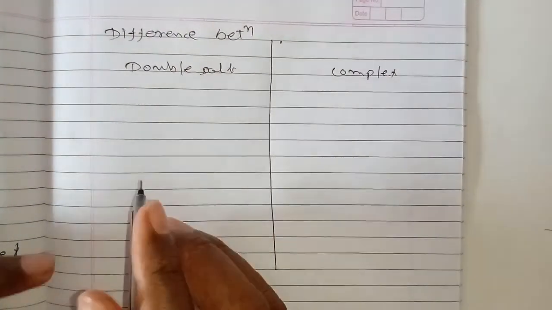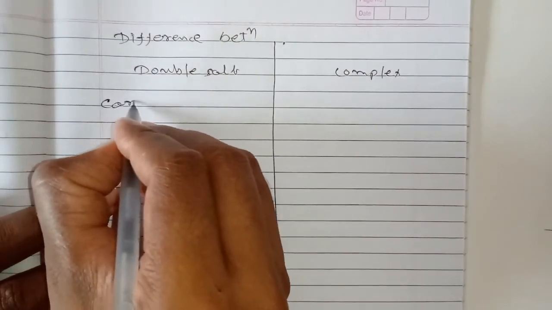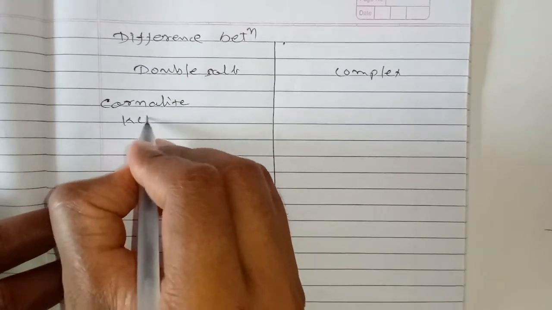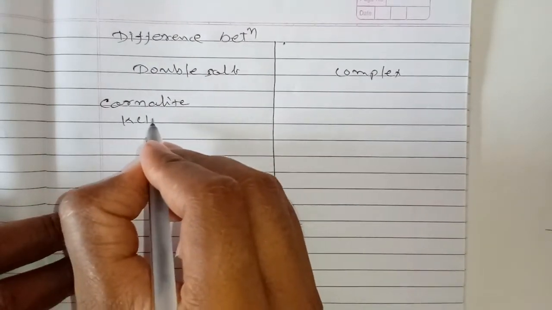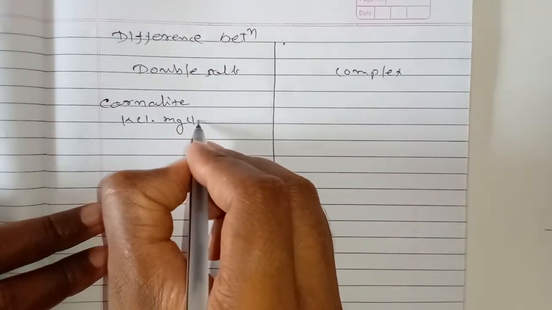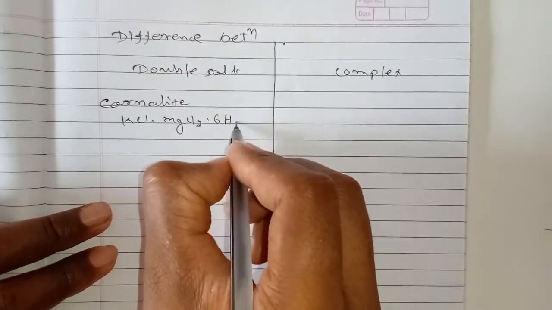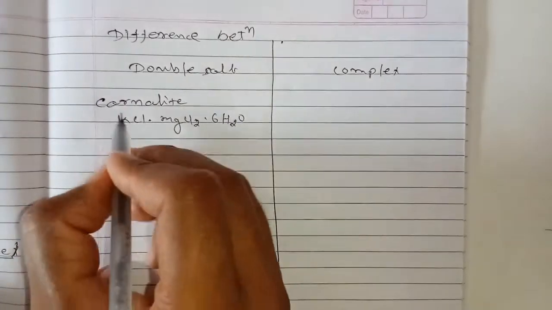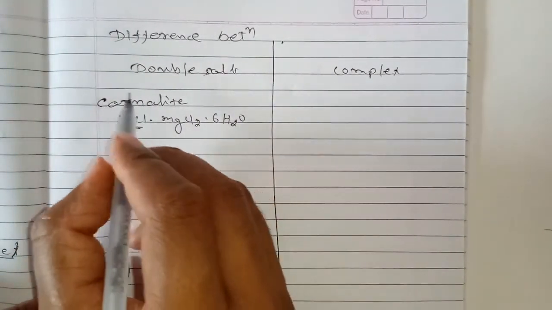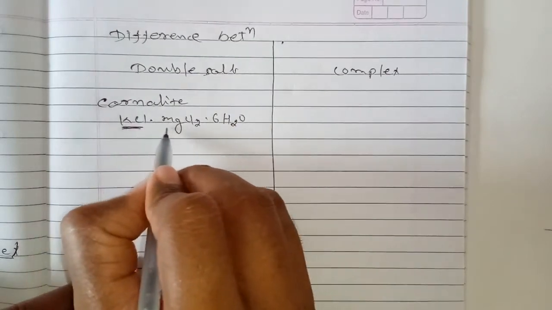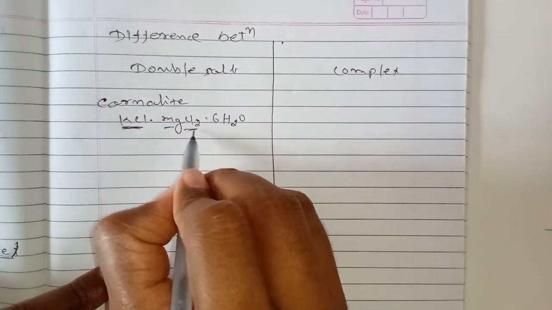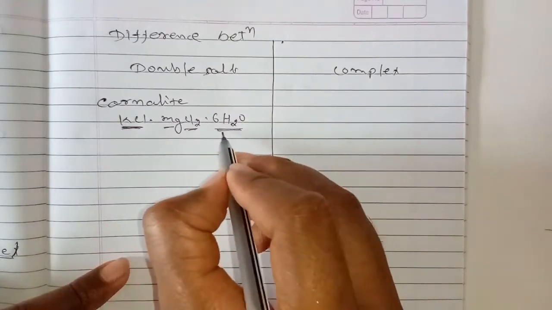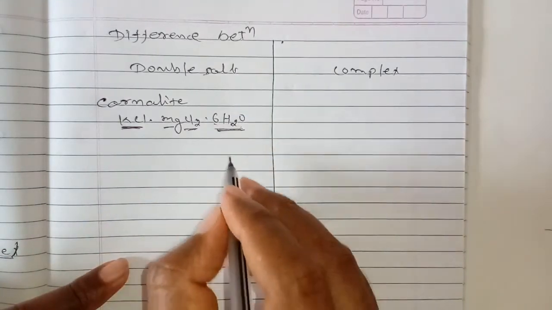For example, carnallite, this is potassium chloride, magnesium chloride, hexahydrate. Here the double salt carnallite is a double salt of potassium chloride and magnesium chloride and 6 moles of water, so it is named as a hexahydrated compound.